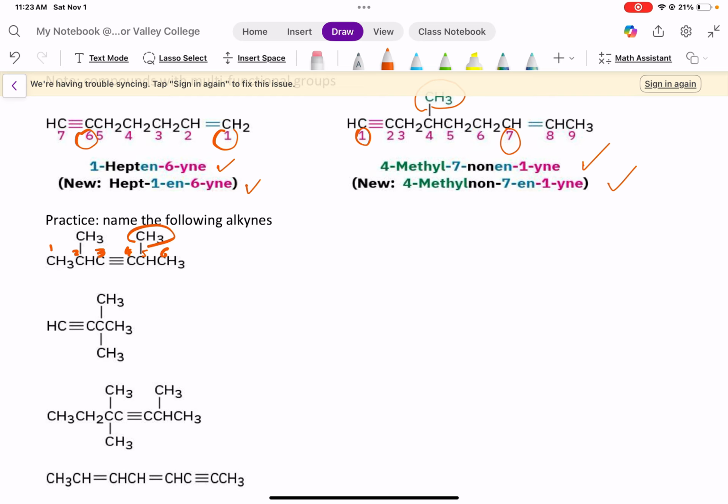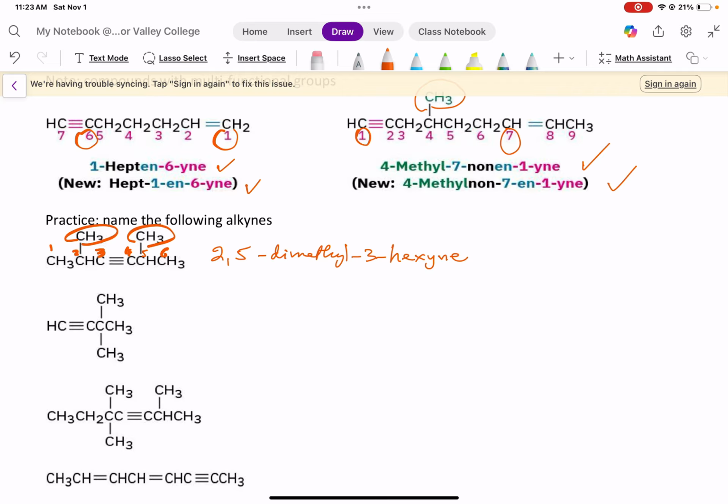So we got a methyl. So it looked like we have a 3. If we go from the right to left, it's the same thing. 1, 2, 3, 4, 5. Yep. So it's always going to be a 2,5-dimethyl-3-hexyne, or hex-3-yne.